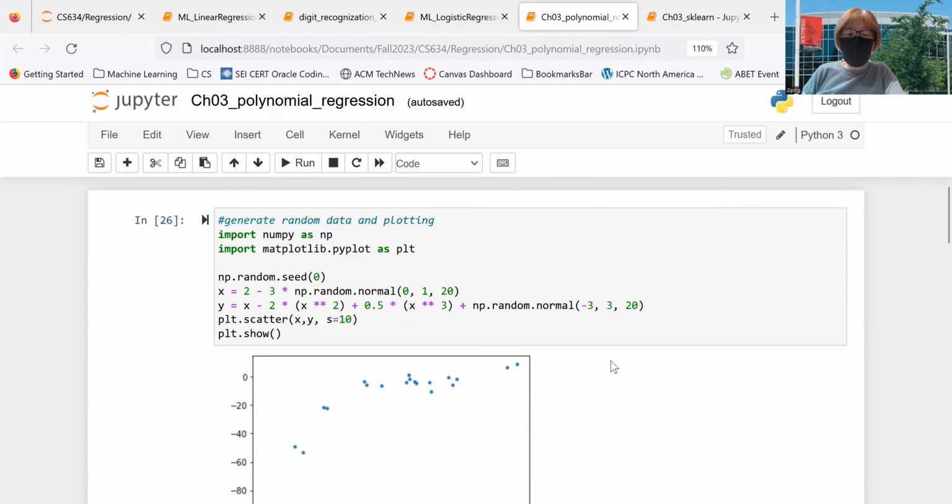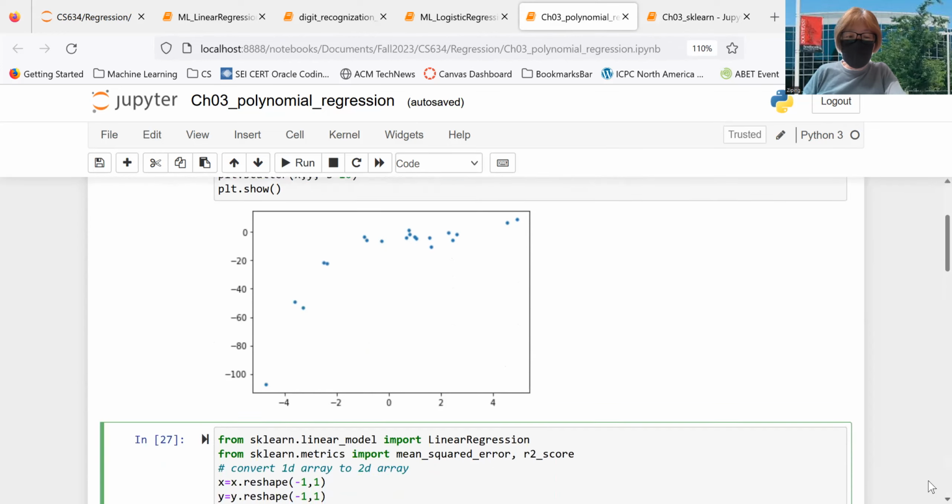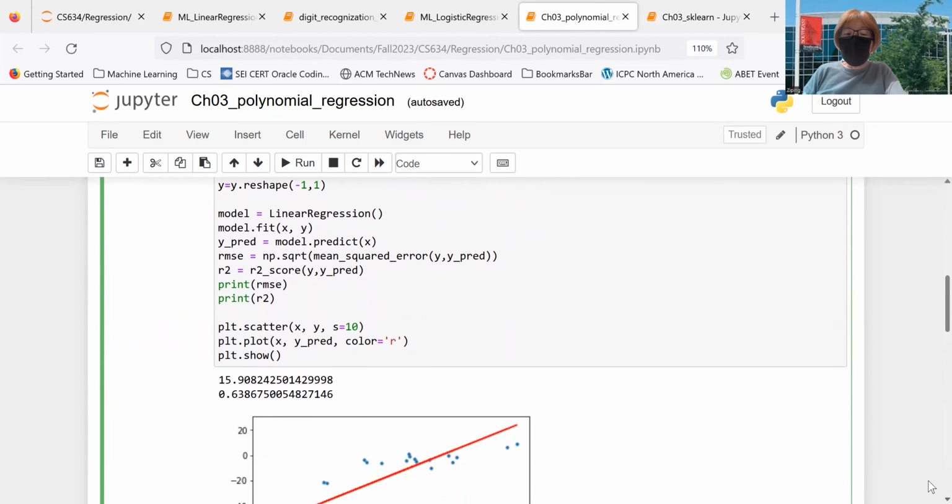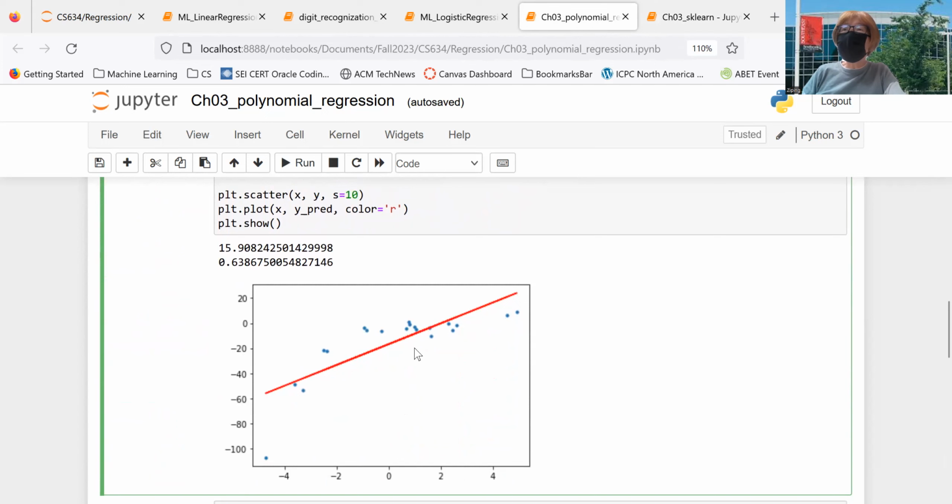This is the X value and the Y value. When you do linear regression, you can see it's off a lot.